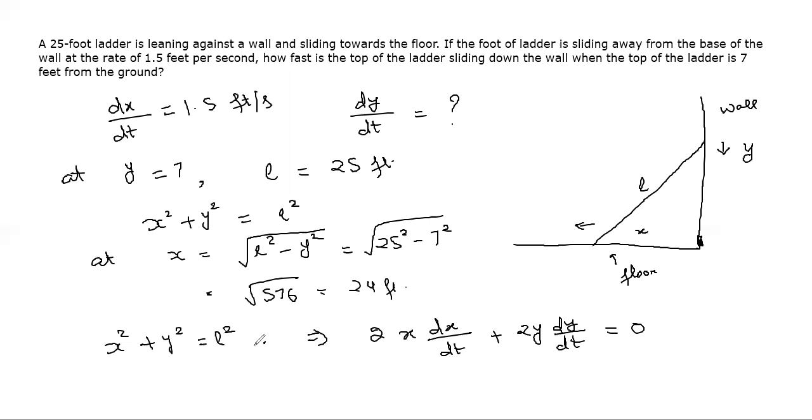That is because L always remains constant while x and y are changing variables. So a little algebra helps us to know that dx by dt is going to be minus y over x times dy by dt.